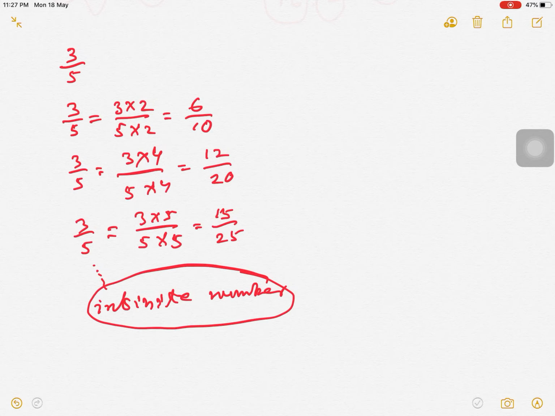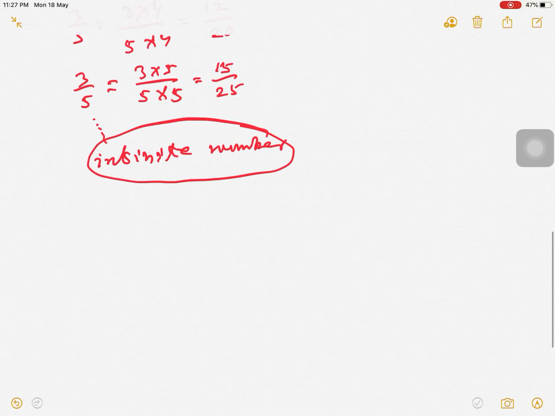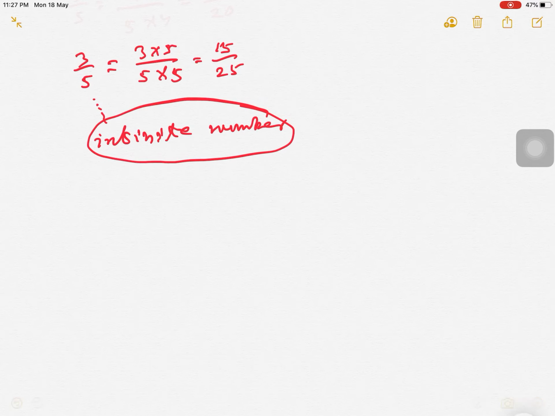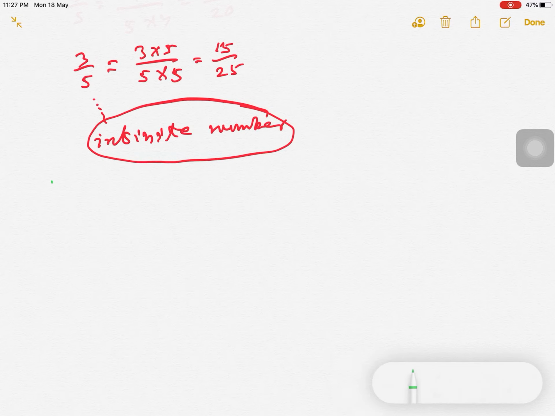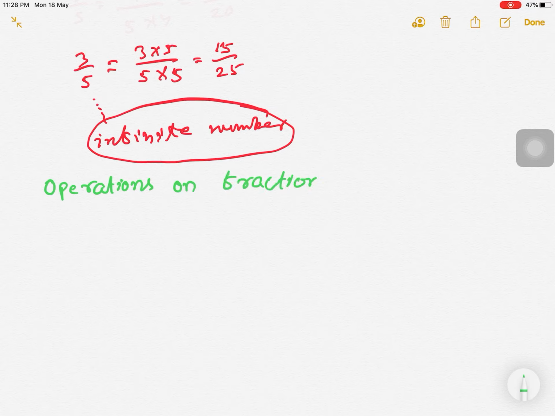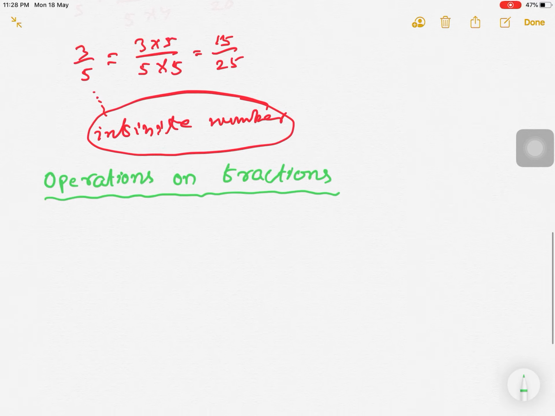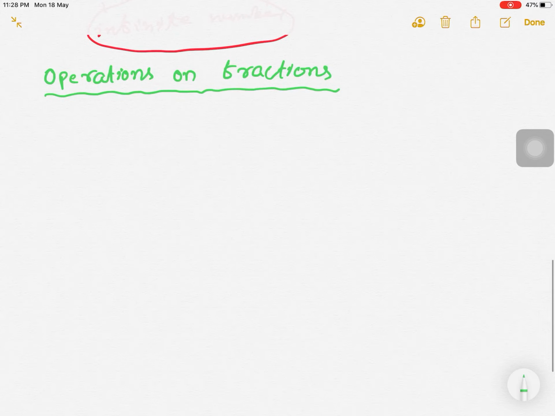Now let us come to the basic operations on fractions. First, we shall take addition.